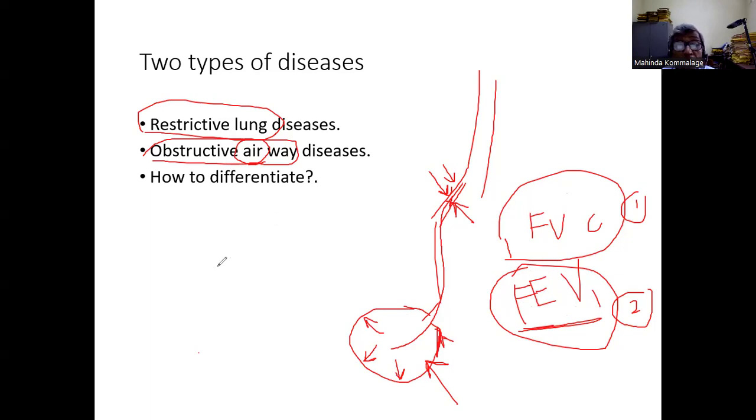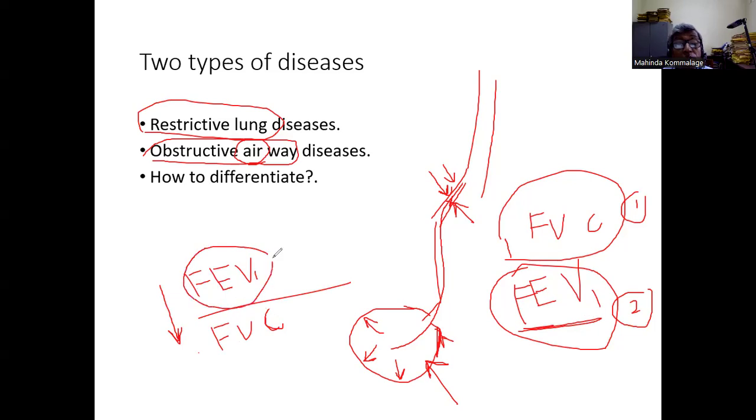Right? So this ratio, which ratio? Forced expiratory volume 1 to forced vital capacity. This ratio will be low in obstructive airway disease because this one is low. Forced expiratory volume 1, right? The ratio will be low in obstructive airway disease since this one is low. When this one is low, the ratio will be low, isn't it?